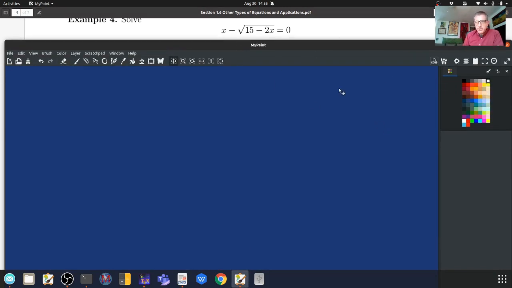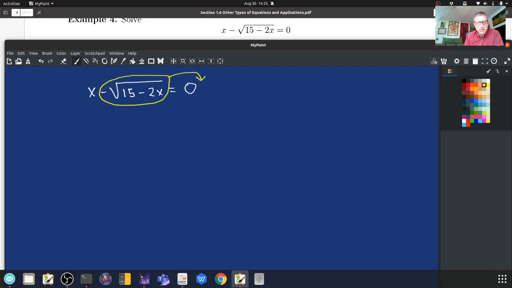So my equation is x minus the square root of 15 minus 2x is equal to 0. So I'm going to take, since there's a minus in front of this radical sign, I'm just going to take the entire radical, including the minus.